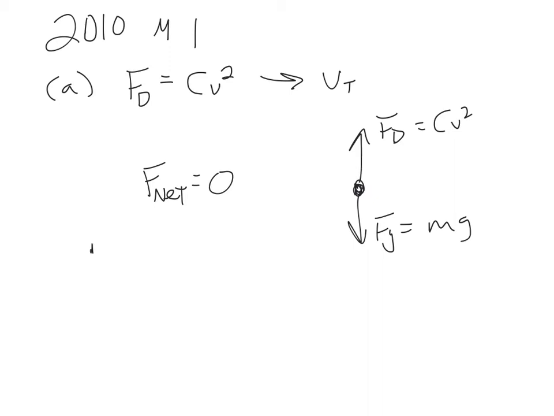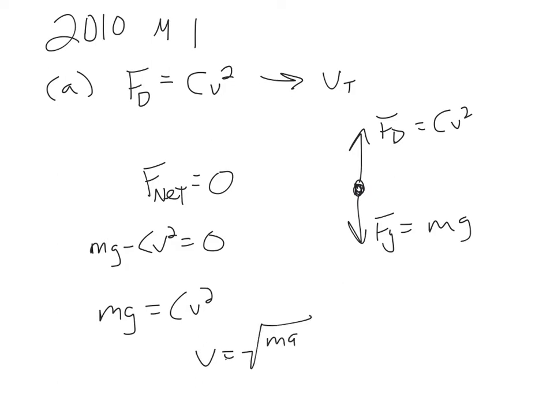So that means mg minus cv squared equals 0. mg equals cv squared, so v equals the square root of mg over c. Alright, that's pretty much the answer.